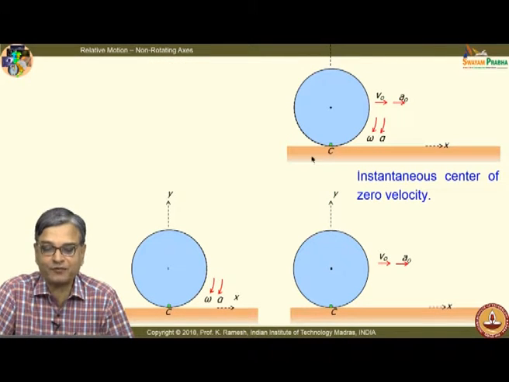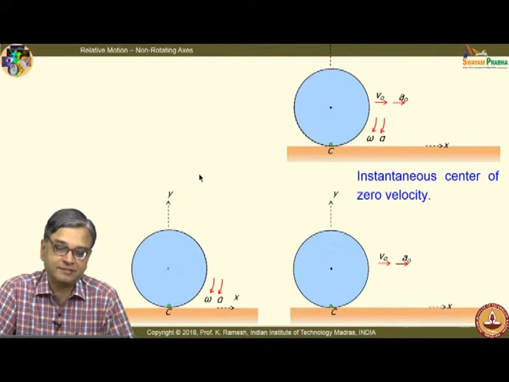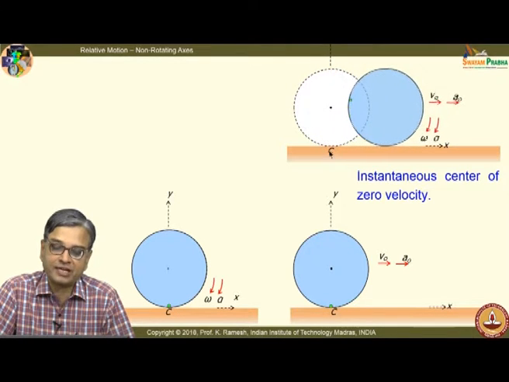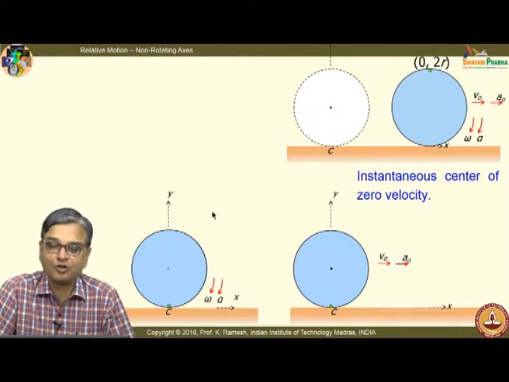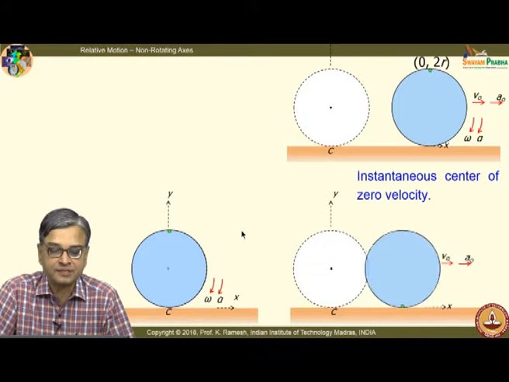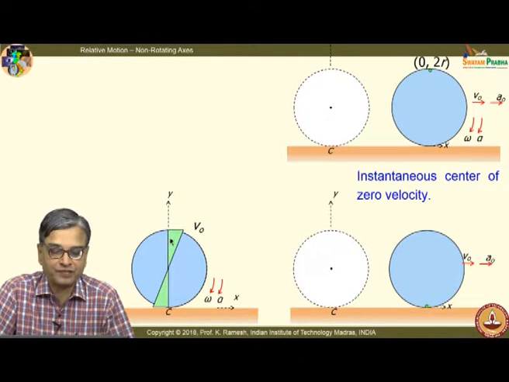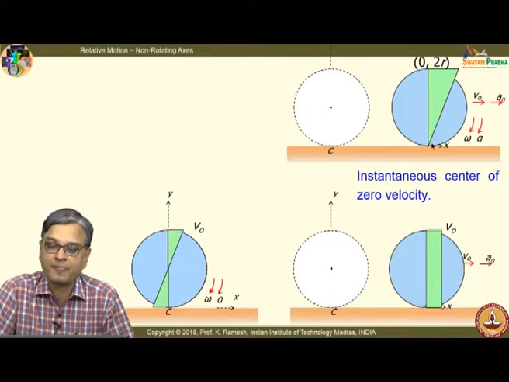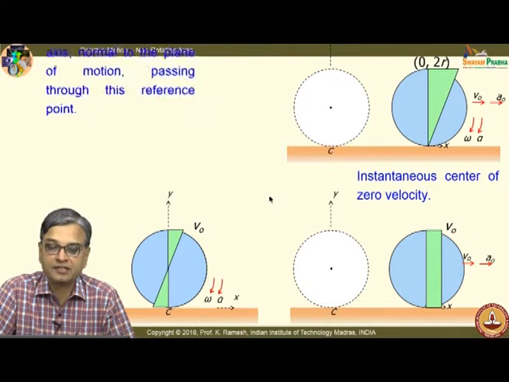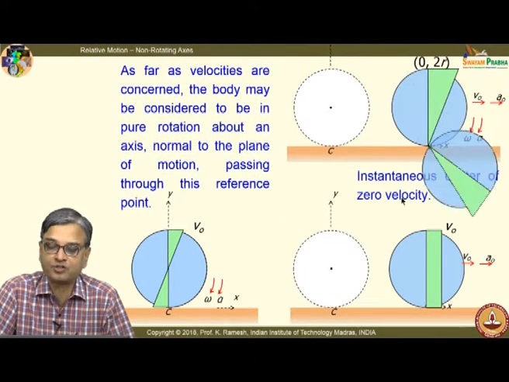And you have seen for a rolling wheel, what happens at point C? It has a 0 velocity, and we learn it from first principles that it has a rotation and a translation. So, I have the velocity due to rotation like this, velocity due to translation like this. When I superimpose, I have 0 velocity here, and then it increases to the maximum here, and this is what you call the instantaneous center of 0 velocity.